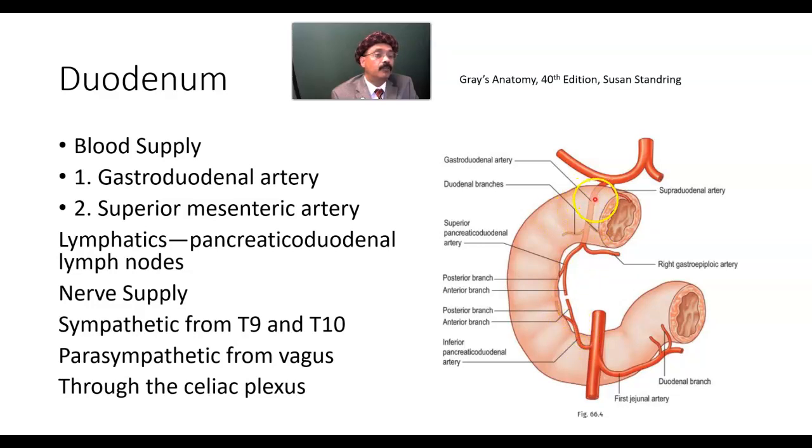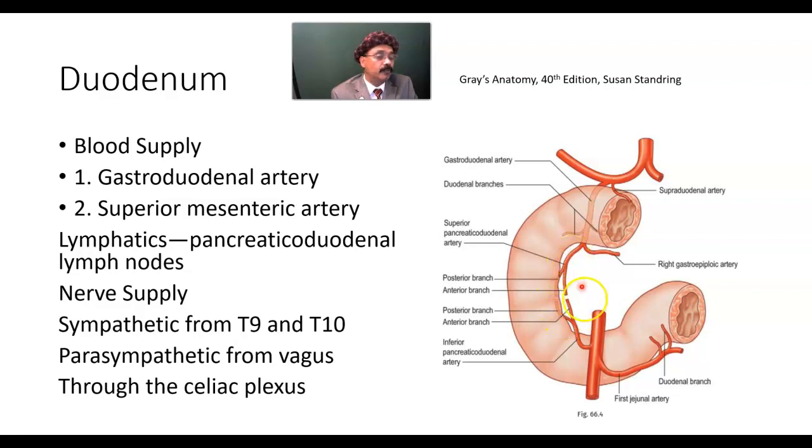Upper part from the gastroduodenal artery, it has the superior pancreaticoduodenal artery, again with anterior and posterior branches. So the gastroduodenal artery has the superior pancreaticoduodenal artery with anterior and posterior branches. The superior mesenteric artery has a branch, the inferior pancreaticoduodenal artery, that also has anterior and posterior branches.